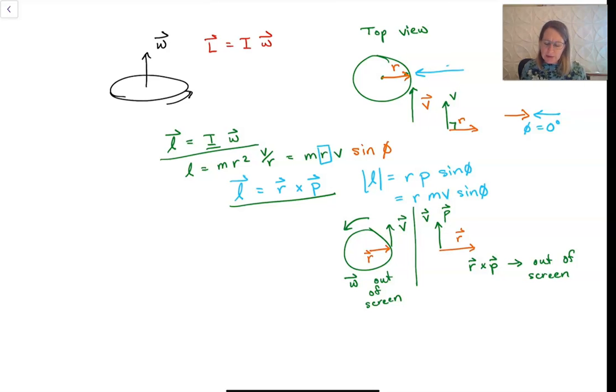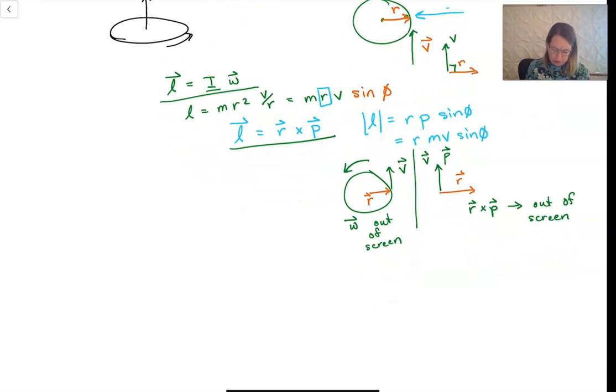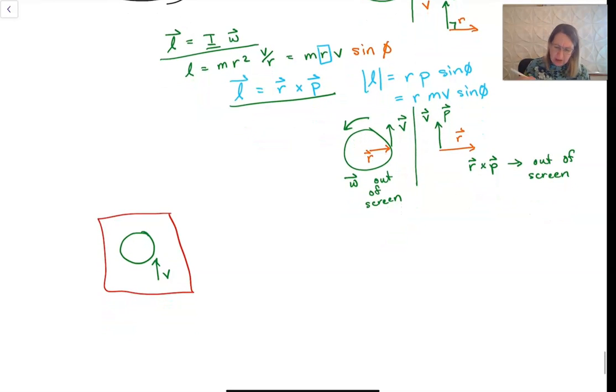Now, the way this is useful is if we go back to this problem of the kid running and jumping on the merry-go-round. If we treat kid and merry-go-round as one system, then once the kid is on the merry-go-round and it's rotating, that's still our system.